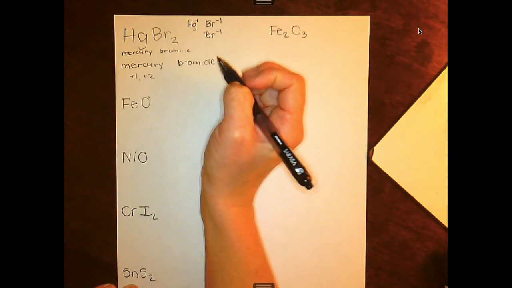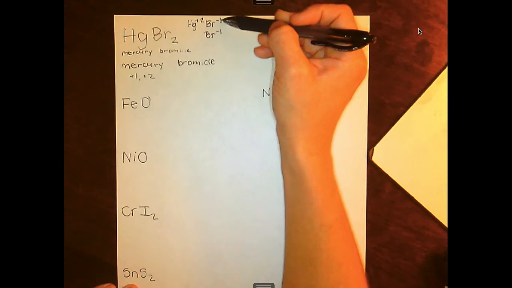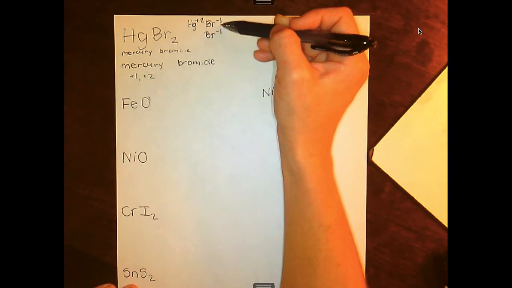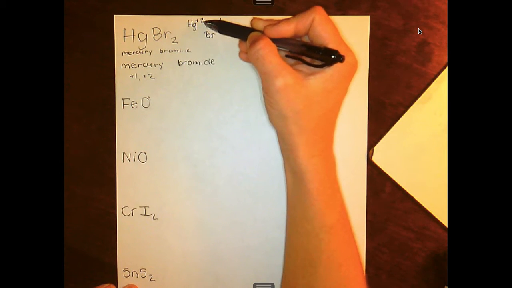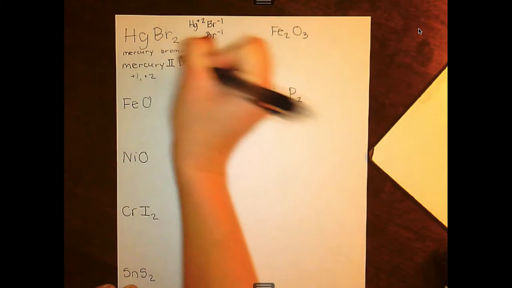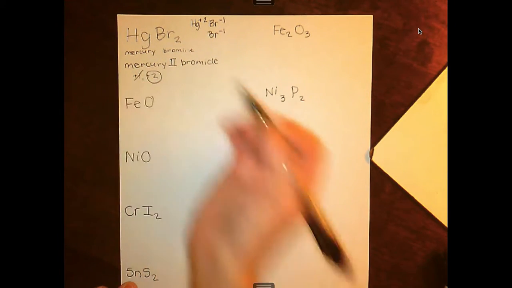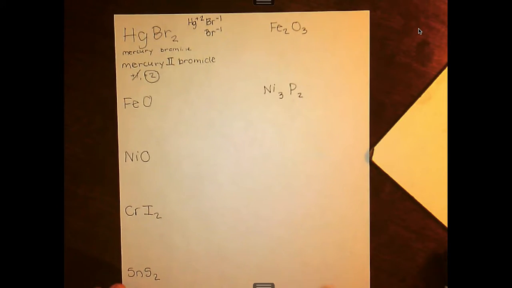Because you only have one of them, it has to be a +2. -1 and -1 is -2, so that overall charge over here is a -2. The only possible charge here is a +2. So the Roman numeral that I'm going to put here is that Roman numeral 2 to indicate that it is definitely a +2 charge. Let's take a look at the next one.